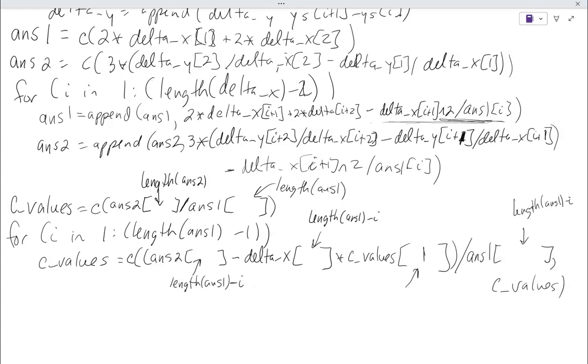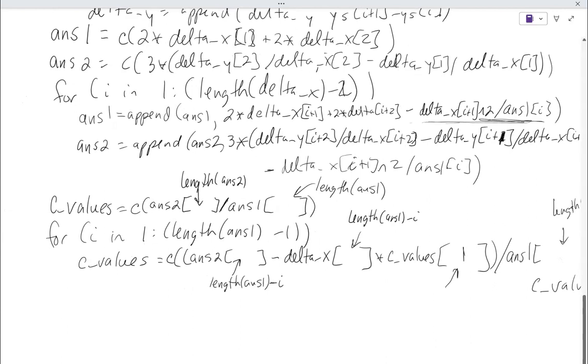Should be relatively straightforward, I hope. Remember also, when we calculate our C's, the first C value is what always? 0. And then we use the dummy value of the last one being 0 as well, because the formula goes up to an i plus 1 that we don't actually need, correct? Okay.